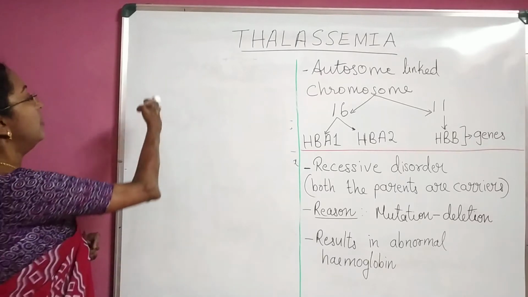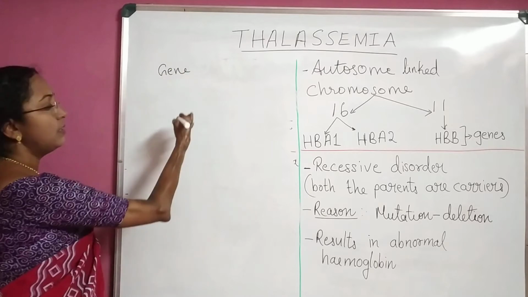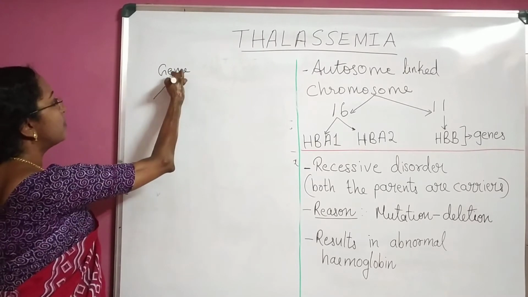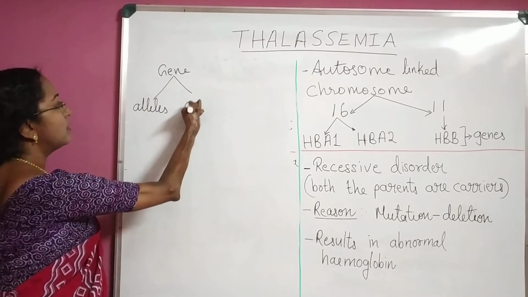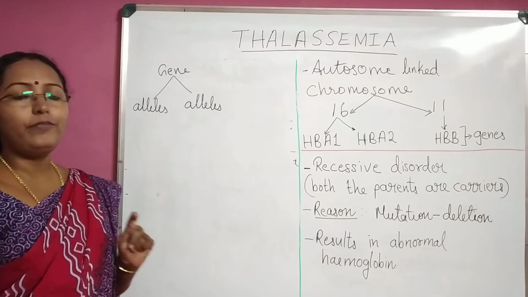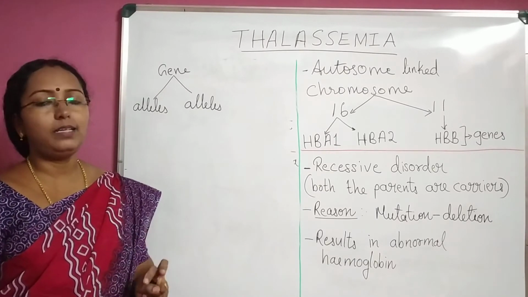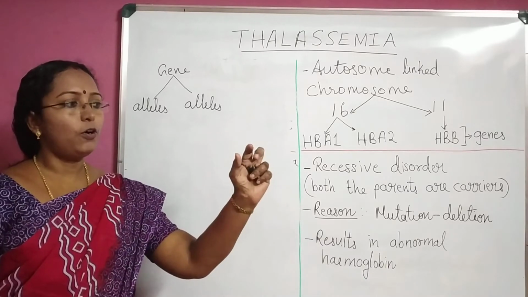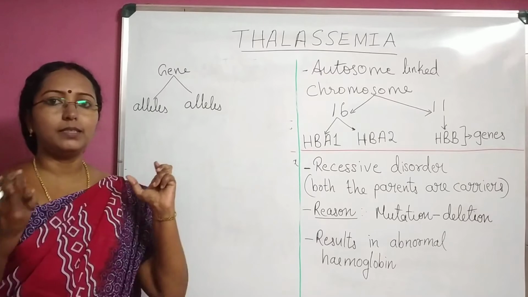We have learned that every gene has got two forms. What do you call those two forms? Very good. Alleles. Every gene has got two forms. Those two forms are called alleles. One form comes from our father, another form we get from our mother.